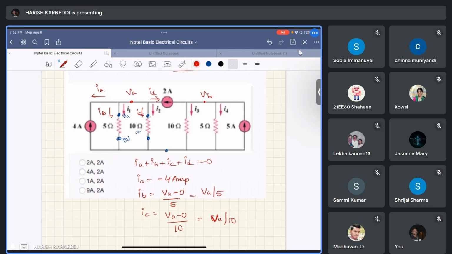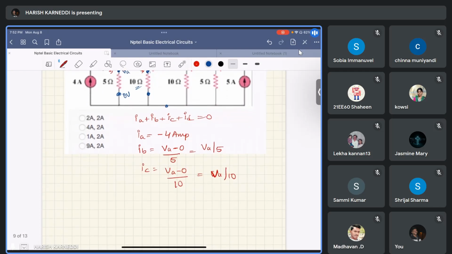And what about ID? ID is the current which is opposite to this 2 ampere source. That means ID equal to minus 2 amperes, right?